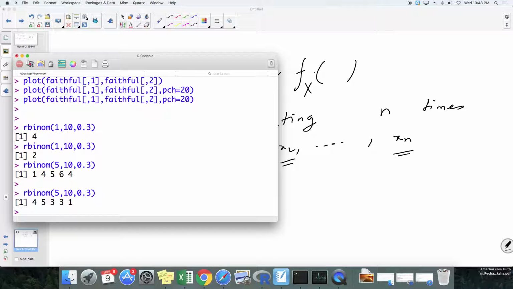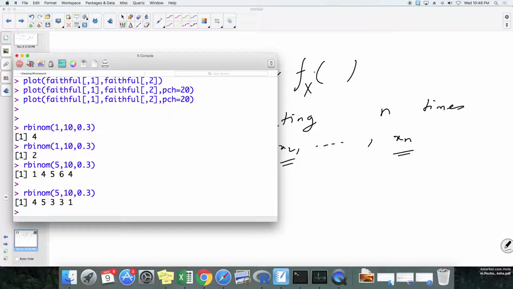But once I see them, they are no longer random. So we just did a simulation. The original distribution was binomial 10, 0.3. From that distribution I simulated 5 values, and they are just like this. So we just did the rbinom function.